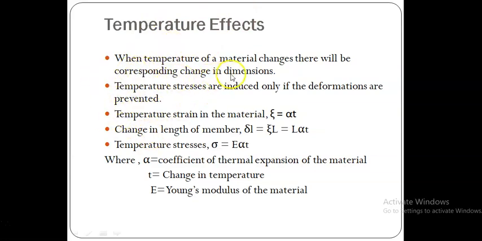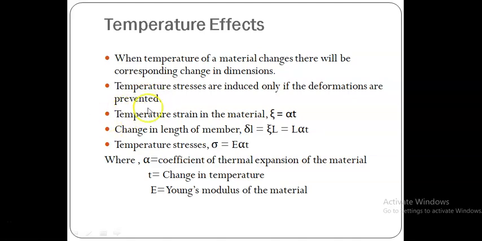So when the temperature of a material changes, there will be a corresponding change in dimension. Yes, it may expand or it may shorten, depending on the difference in temperature. Temperature stresses are induced only if the deformations are prevented.